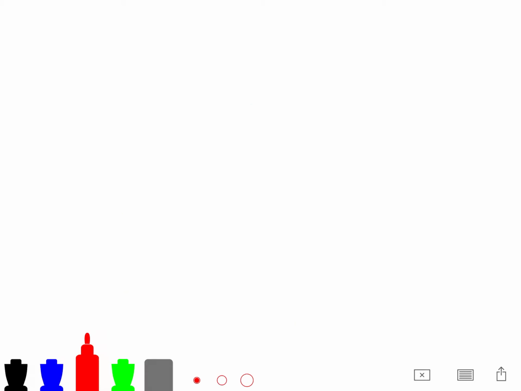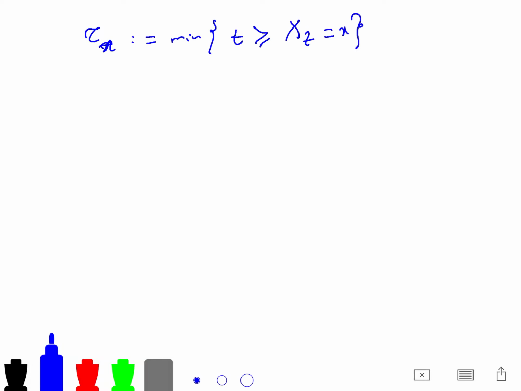And when we talk about hitting times and first return times, it means that, for example, the hitting time tau of x is by definition the minimum time that X_t reaches x. It hits that. The minimum time that your random walk goes and then hits a point x.